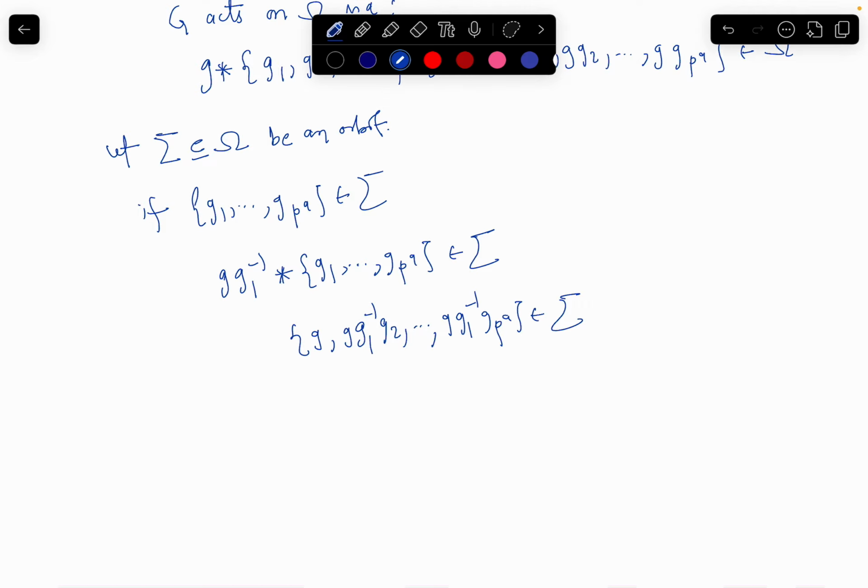So what does that mean? That means that this set contains G, right?